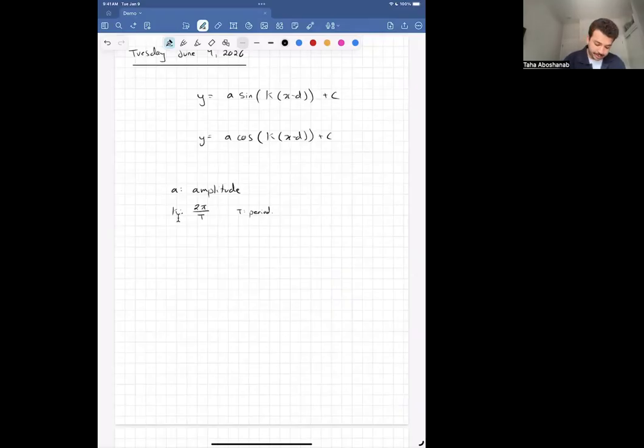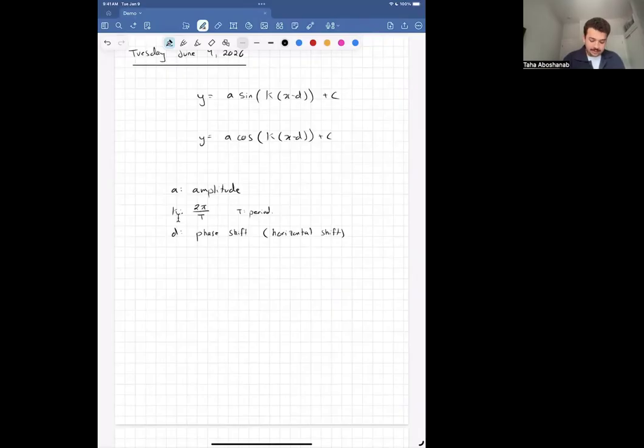The next parameter we have is d. That one is a bit tricky sometimes. That's called the phase shift, or more commonly known as a horizontal shift. That's basically how your wave shifts left and right on a graph.